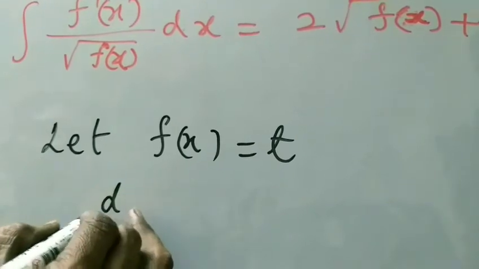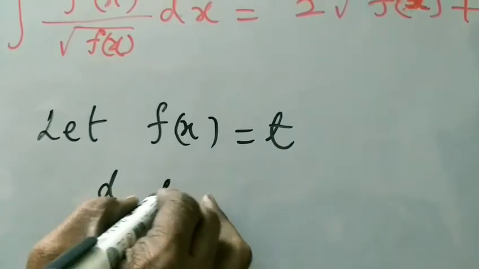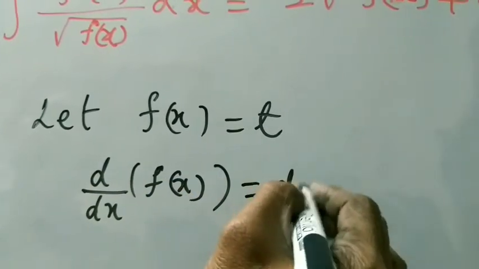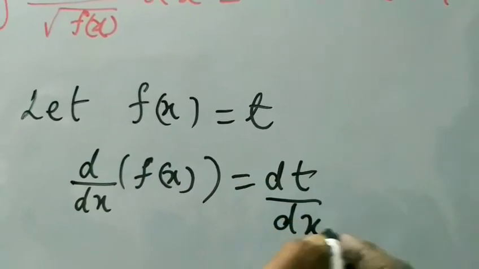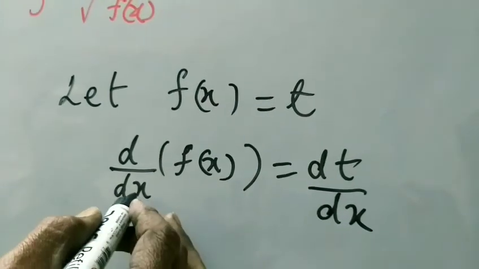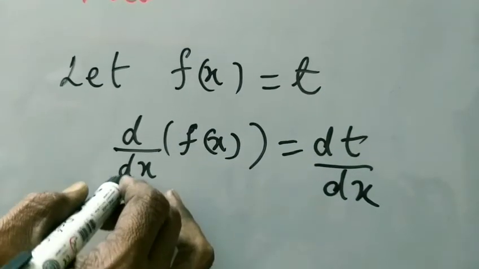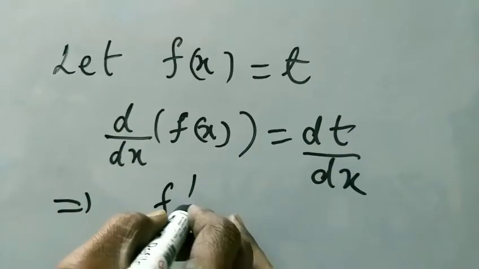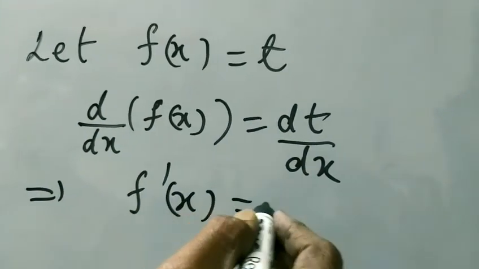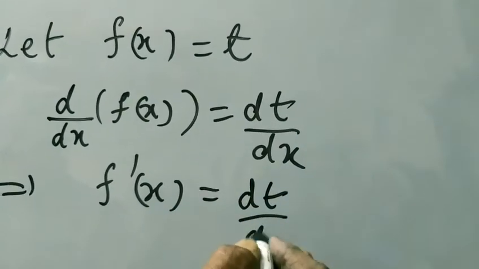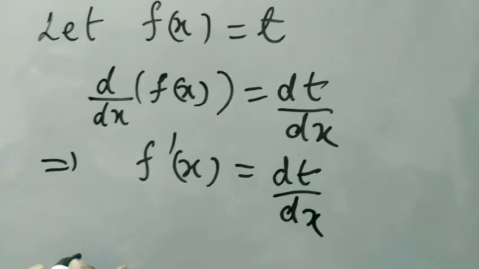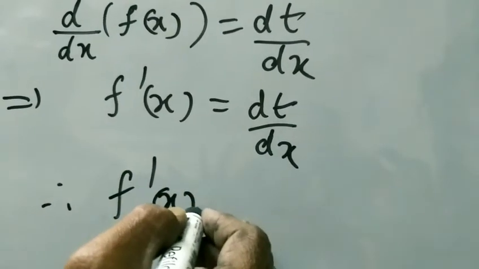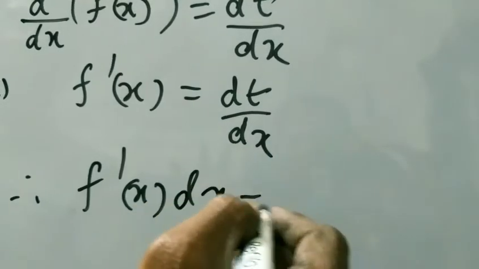It becomes d by dx of f of x is equal to dt by dx. Differentiation of f of x becomes f dash of x. f dash of x is equal to dt by dx. Therefore, f dash of x into dx is equal to dt.